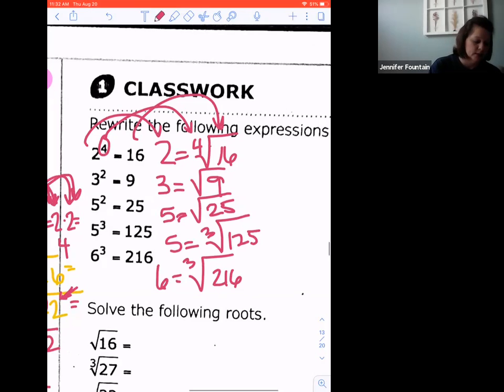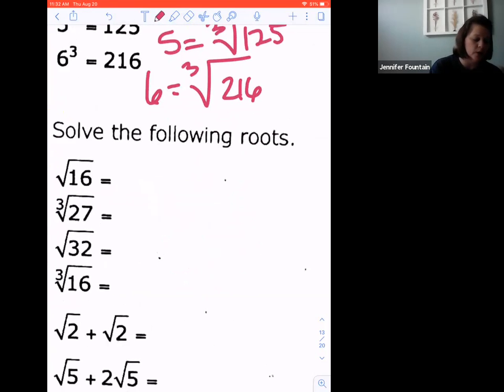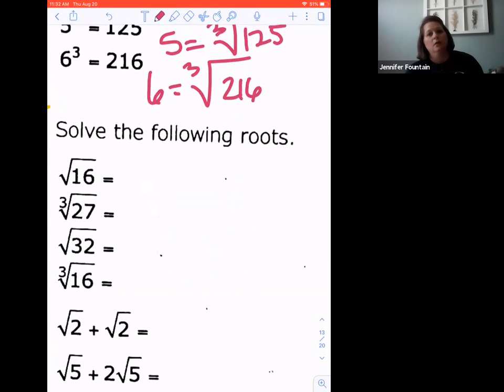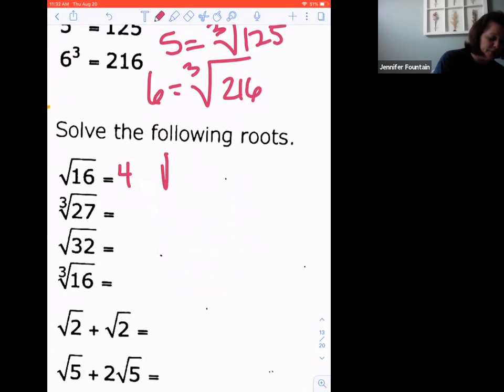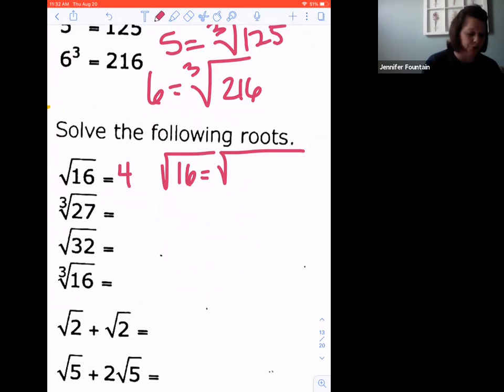All right, so here, solve the following roots. If I knew perfect squares, I would know that the square root of 16 is 4. If I did not know that, then I would start with 16 and list my prime factors. 16 is going to be 2 times 8. 8 will break down into 2 times 4. 4 will break down into 2 times 2.